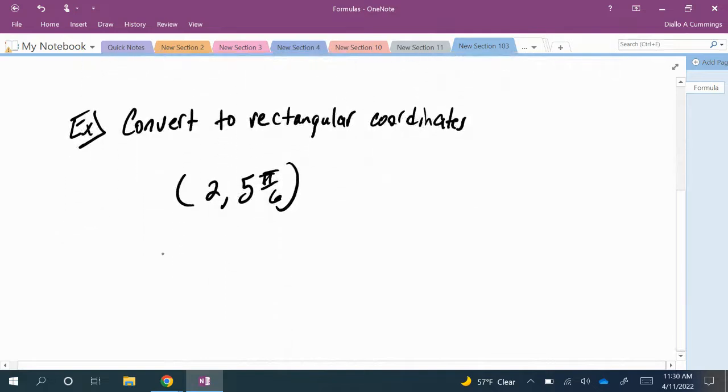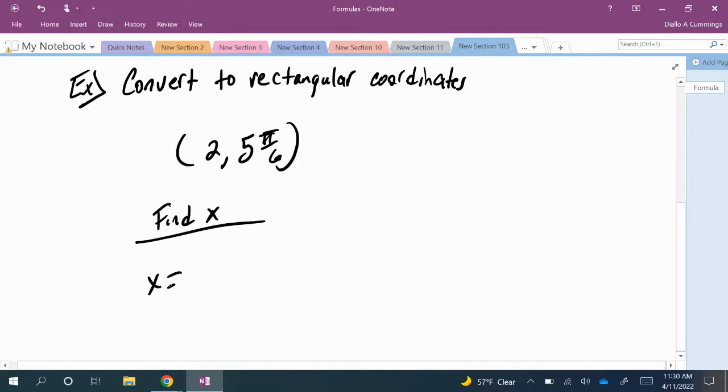So first, we're going to find x. We're simply going to use that formula: x is equal to r times the cosine of theta. And we're going to substitute r for 2 and theta for 5 pi over 6.